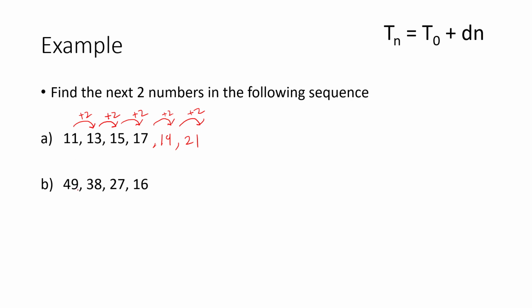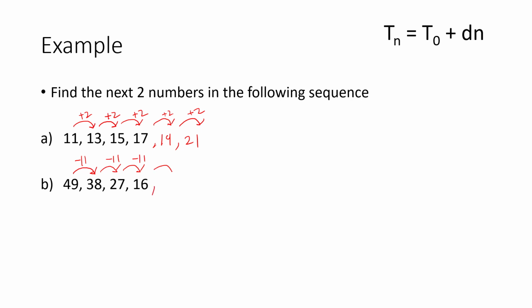For part B, 49, 38, 27, and 16. We can see that instead of addition, we have a subtraction. So it will be minus 11, minus 11 again, then minus 11 again.